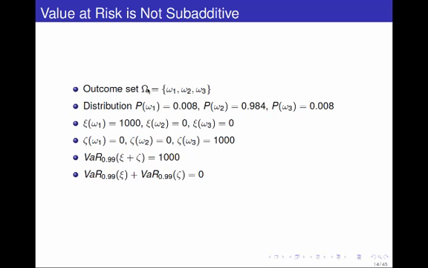So option 1, we're going to call it psi, option 2, we're going to call it zeta. I'm asking myself, what is the worst thing that could happen to me 99% of the time? Well, if you had asked me what is the worst thing that can happen to me 99.2% of the time, then I would tell you that in that case, it would be 1,000. But 99% of the time, the worst thing that can happen to you is 0.